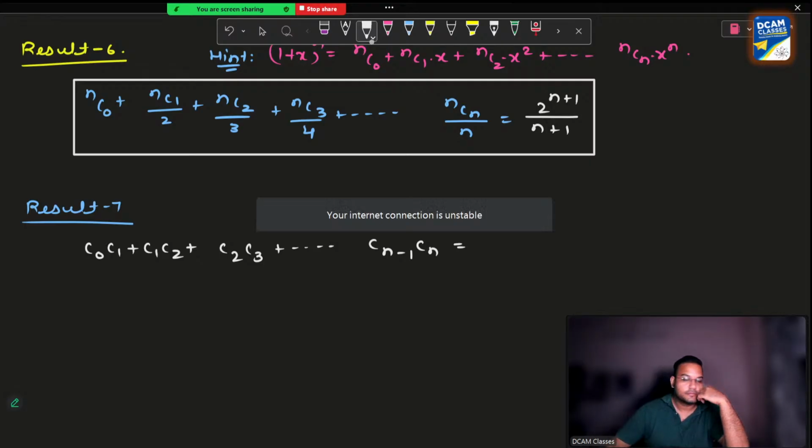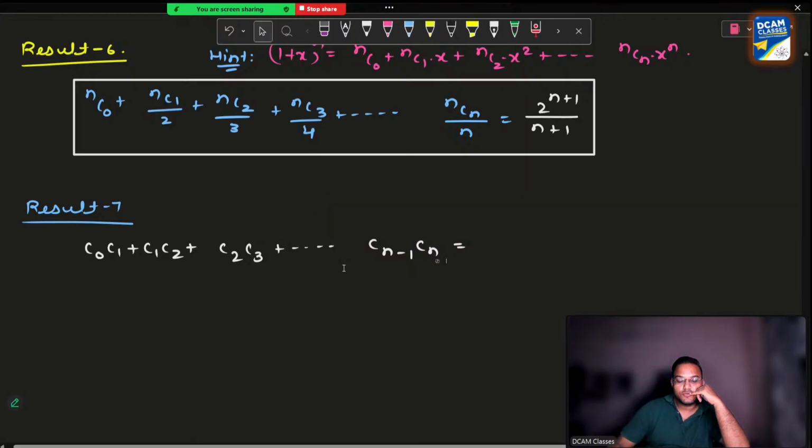Can you find out this one? Whatever way you want to do.